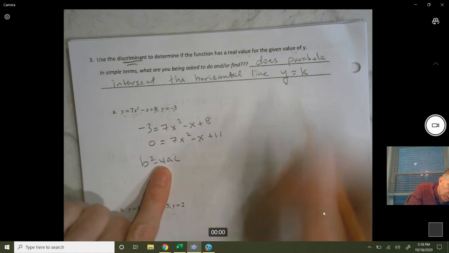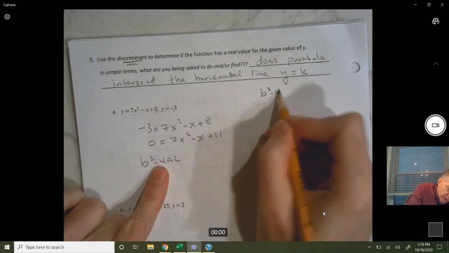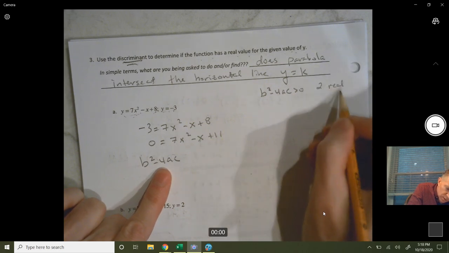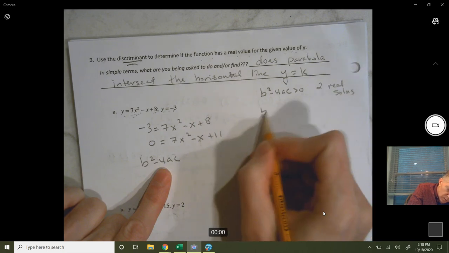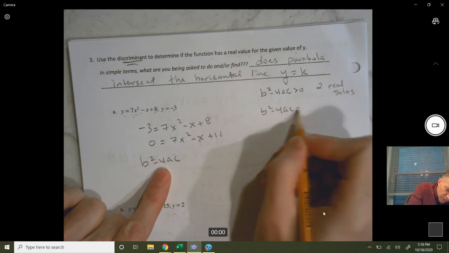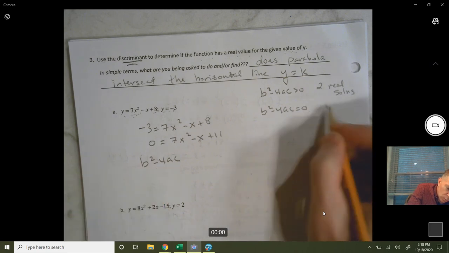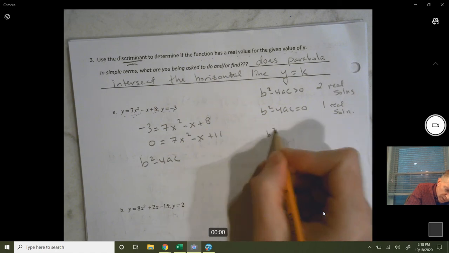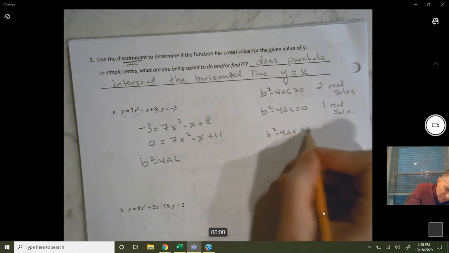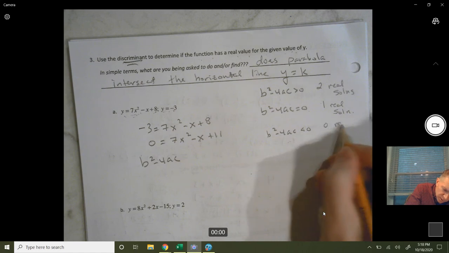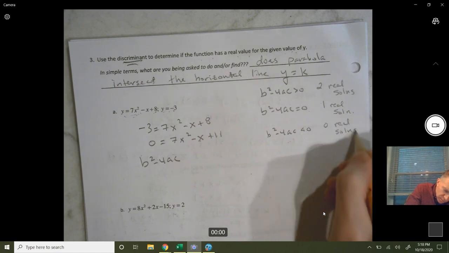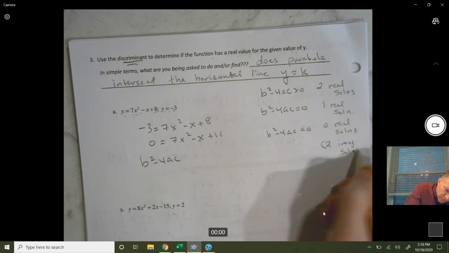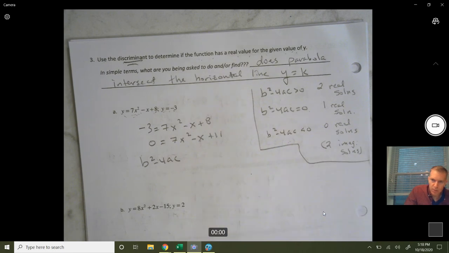Just a quick recap: if b squared minus 4ac is greater than 0, there are two real solutions. If b squared minus 4ac equals 0, there is one real solution. If b squared minus 4ac is less than 0, there are 0 real solutions, but there are two imaginary or complex solutions. Okay, that's a recap from the previous lesson.